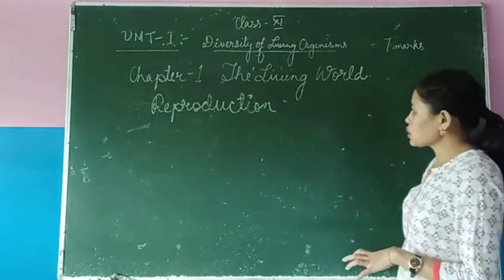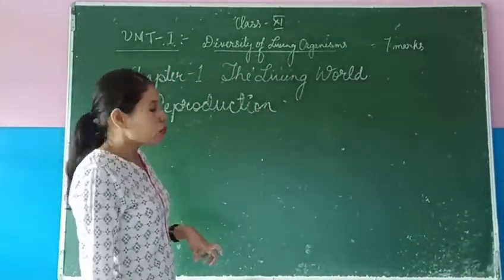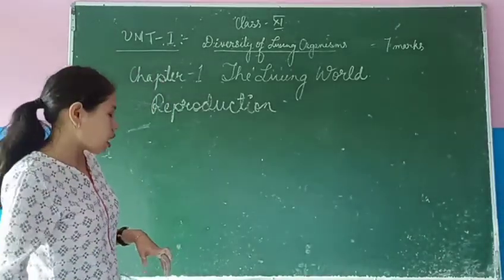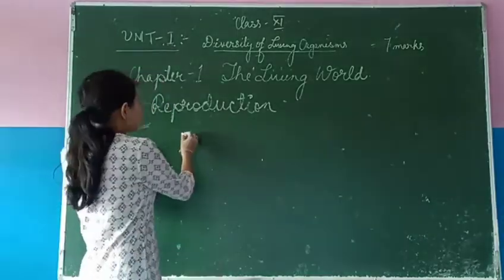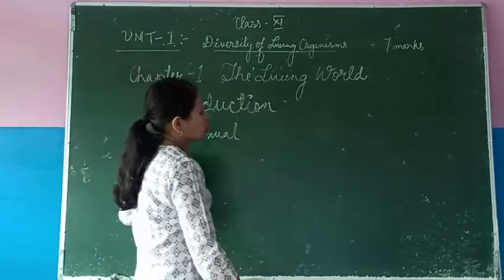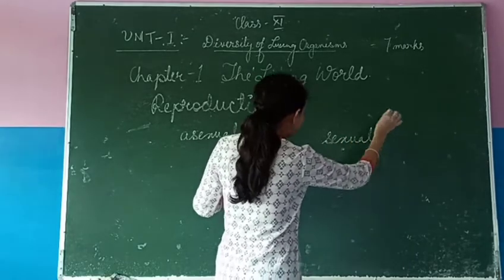So reproduction is giving birth to young ones. There are 2 methods of reproduction that we have learned in our lower classes: asexual reproduction and sexual reproduction.